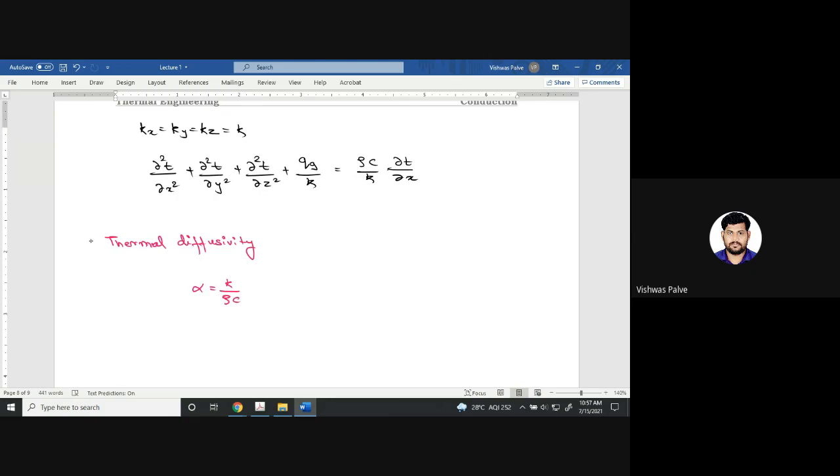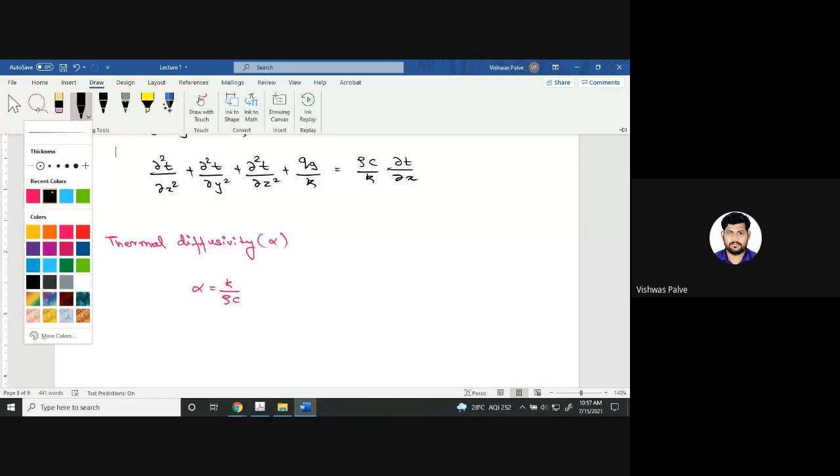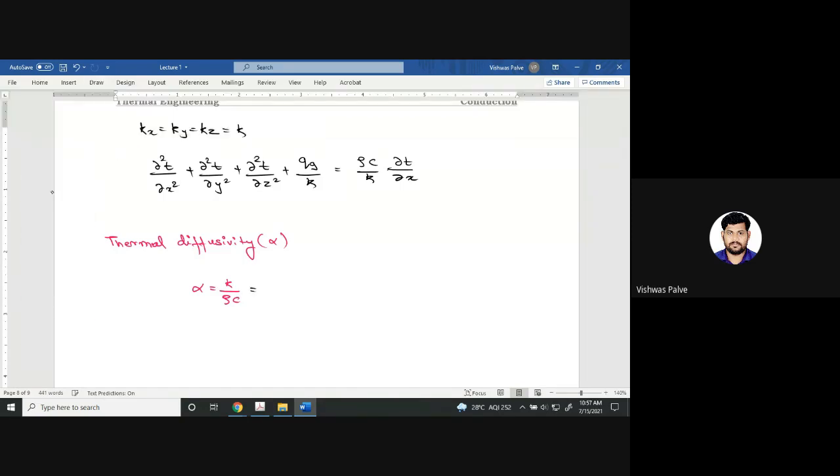So the term alpha is nothing but thermal diffusivity. And if I want a definition of thermal diffusivity, it is a ratio of thermal conductivity to thermal capacity.